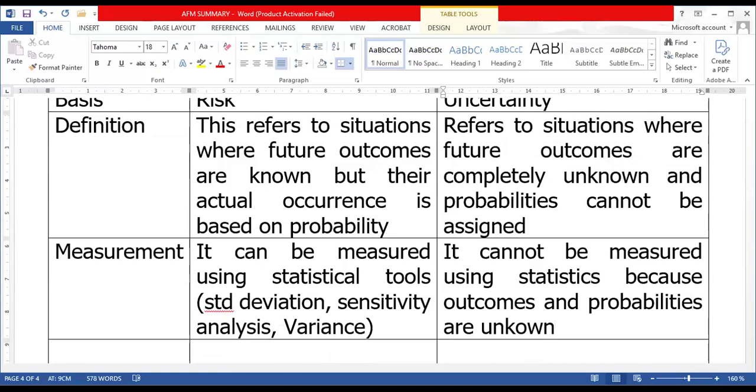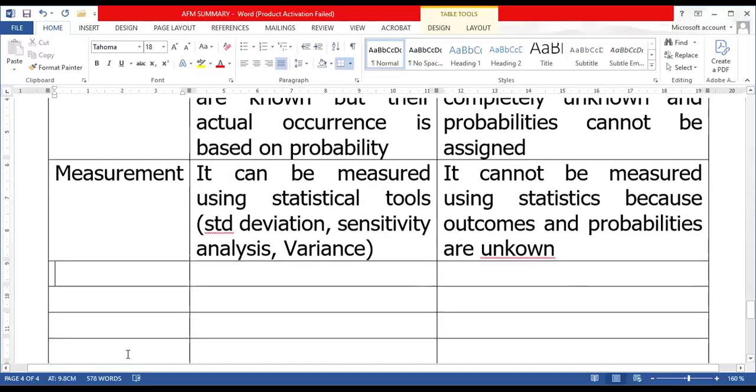So that is point number two. You can measure the risk, but you cannot measure the uncertainty using these statistical tools.